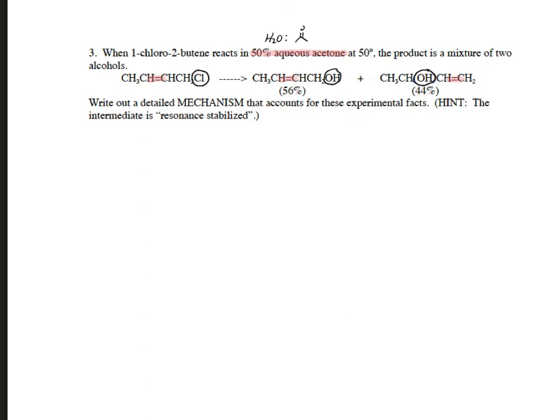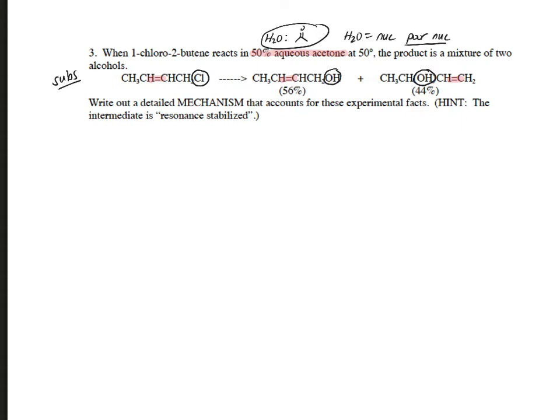So given that I am turning a Cl into an OH, we can tell that it's a substitution reaction. And since I have water and acetone, the acetone is not being incorporated into the molecule. There's an OH, so pretty clearly the water is the nucleophile, and it's the one doing the reacting, and it's a poor nucleophile.